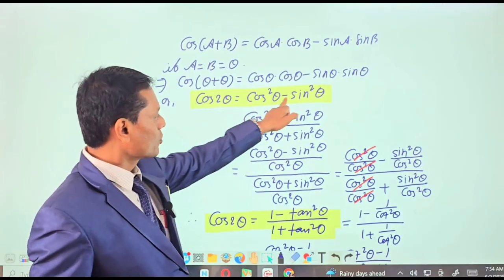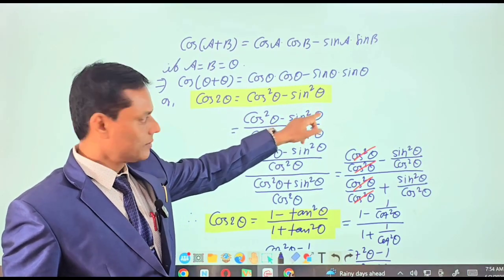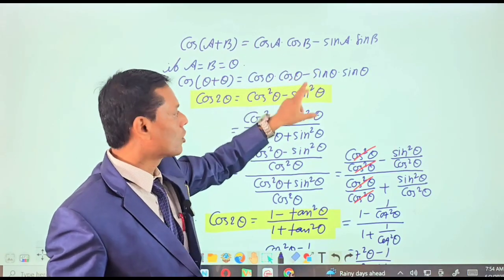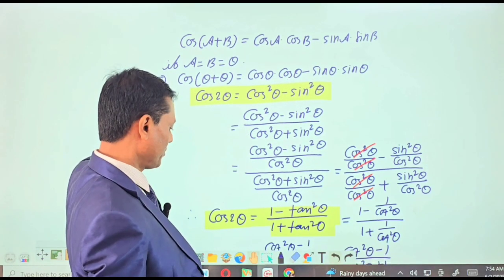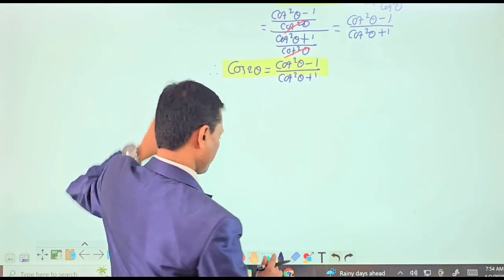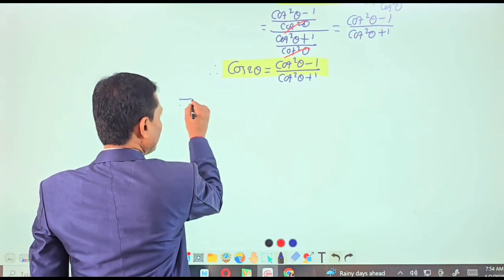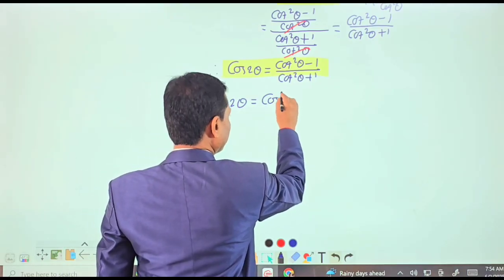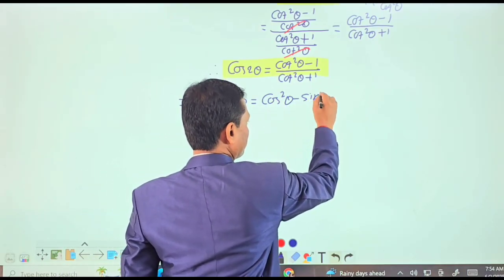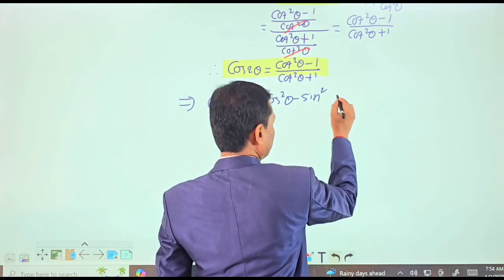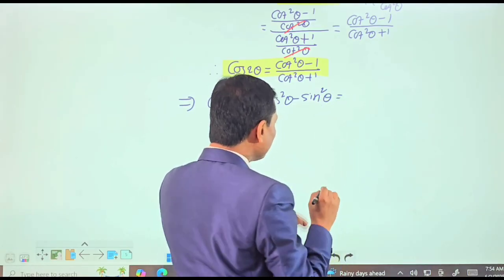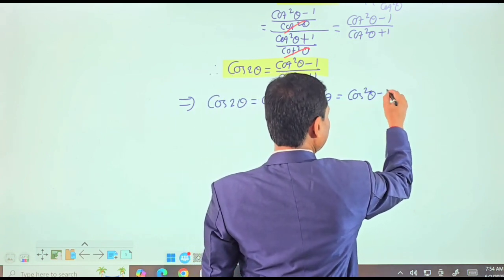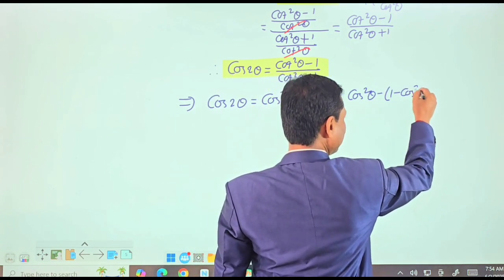Now I am going to show you one more formula. Listen here. Cos square theta minus sin square theta, right? So what happens if we change sin square into cos square? Let's have a look here. We know that cos 2 theta equals cos square theta minus sin square theta, isn't it? So if we change sin square into cos square, then we have cos square theta minus 1 minus cos square theta, isn't it?